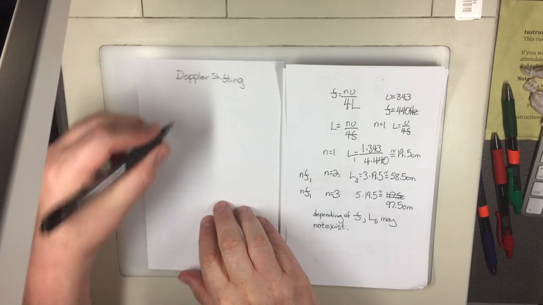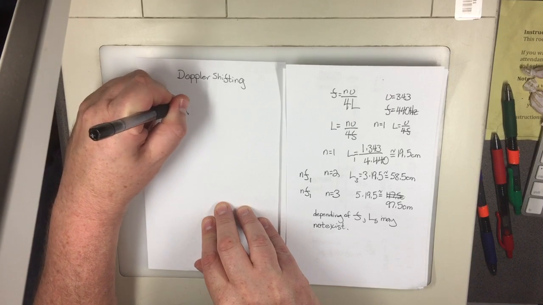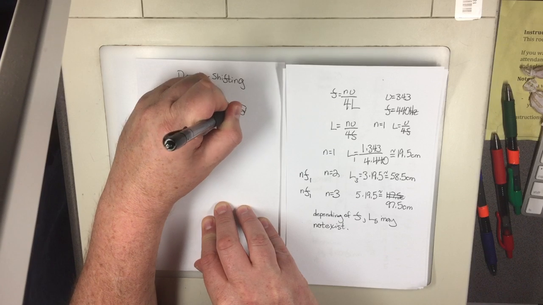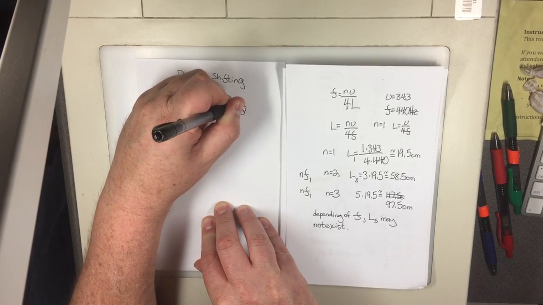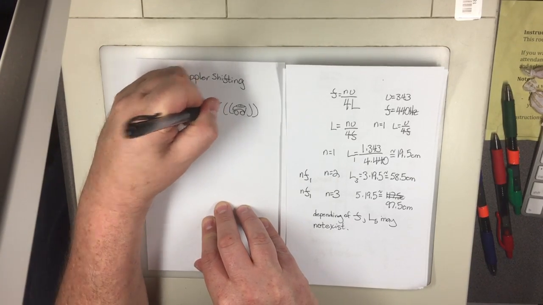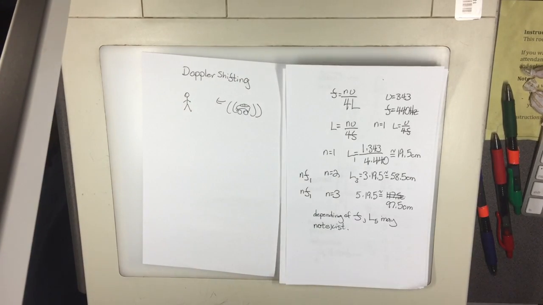The best example is you standing, and you've got a cop car that is broadcasting sound and it's heading at you. So what do you hear? You hear a pitch that is high.